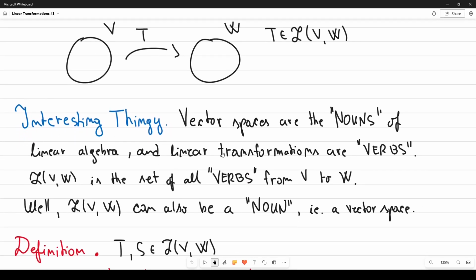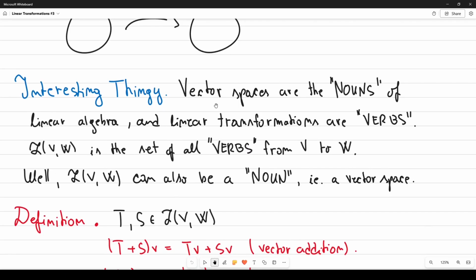Now, here's an interesting thingy, I think. In the context of linear algebra, vector spaces are the algebraic objects we're dealing with. They're kind of like the nouns of linear algebra. And linear transformations are thingies that act upon the spaces and transform them into other things. They're kind of like verbs.